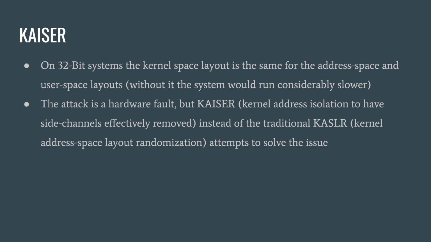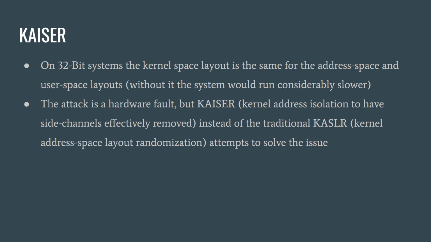So the software patch for Spectre isn't really something that's within even our collective programming abilities. So I'm going to talk about KAISER instead, which is a proposed solution that's still a work in progress. On 32-bit systems, the layout of the kernel space is the same for both the address space and the user space layouts.